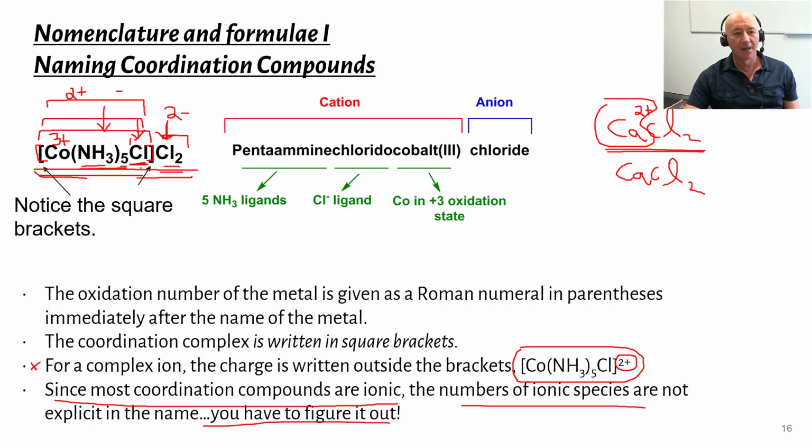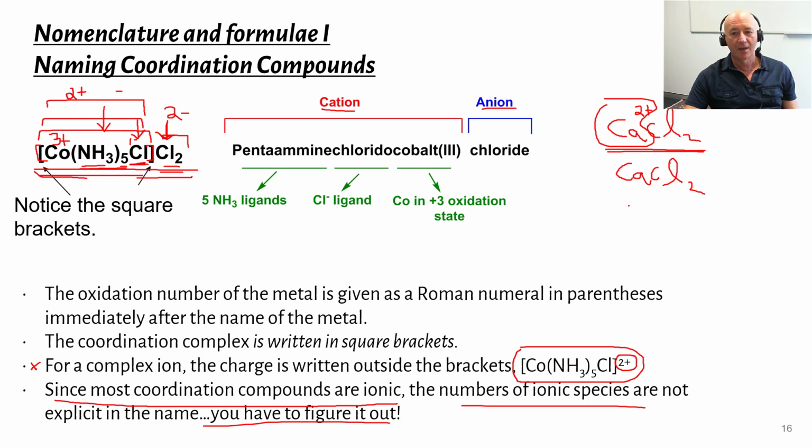Now that's the formula. What about the name, right? So the naming convention, we'll get into more detail in this later, but I just want to give you a bit of a heads up. The naming convention is that you name the cation first, followed by the anion.